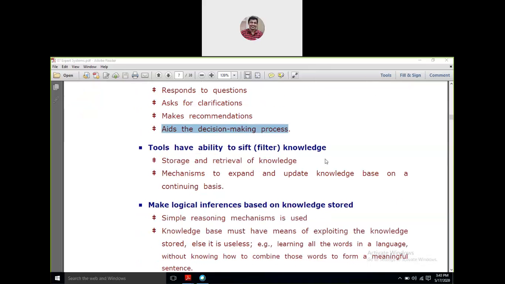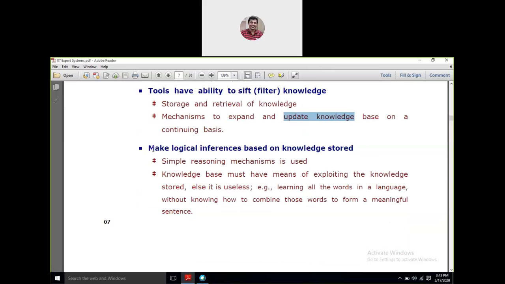Now the next one is that the tools have the ability to store or filter the knowledge. That means storage and retrieval of the knowledge, and a mechanism to expand and update the knowledge. Another feature is that they can make logical inferences based on the knowledge stored. The knowledge base must have a means for exploiting the knowledge.